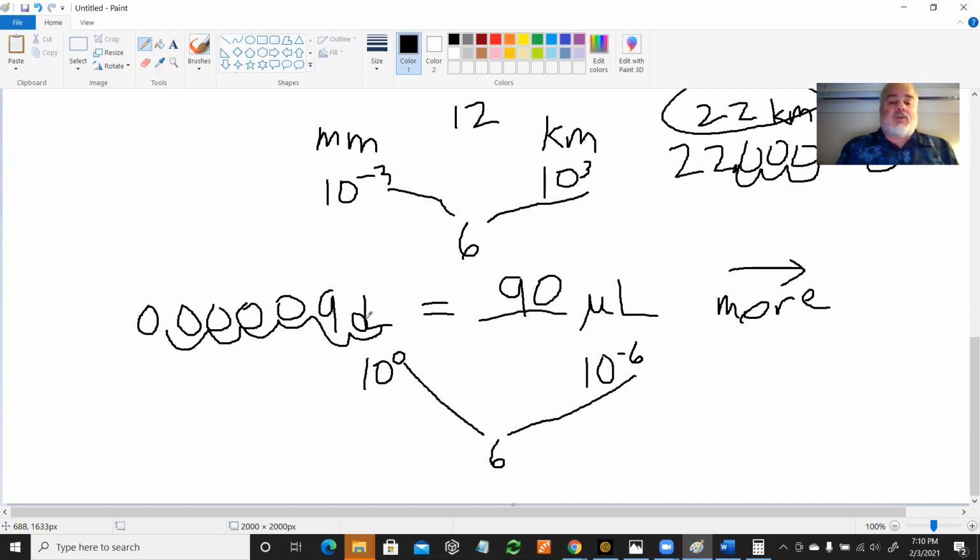Just fill in zeros in those extra hops. If I needed to write this down, my L, my liter symbol was out of the way and I needed more room, fine. But you can see that there was one extra hop. My decimal place started right here and I moved it over 1, 2, 3, 4, 5, and 6. The answer is 90.